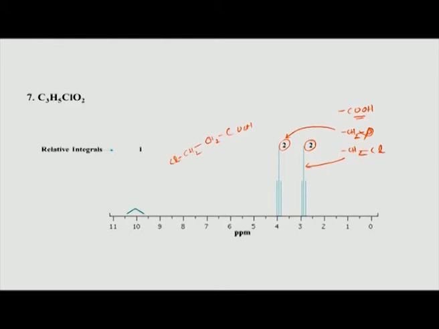If you have this kind of situation, then this particular CH2 will be a triplet because of this hydrogen, and this CH2 will be a triplet because of this hydrogen, and this one will be downfield shifted because of this, and this also is downfield shifted because of this. So, if this is the case, yes, this is the structure of the molecule that we see. This is the answer, and we see this matches with the spectrum.